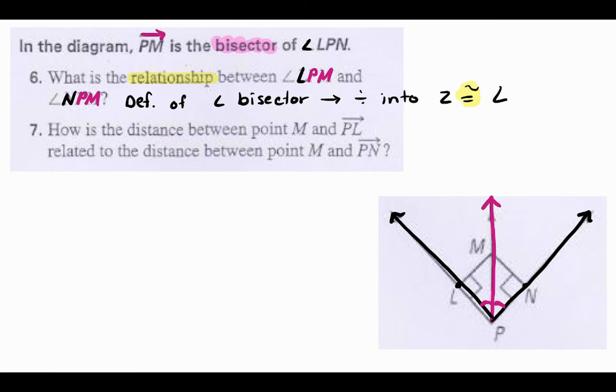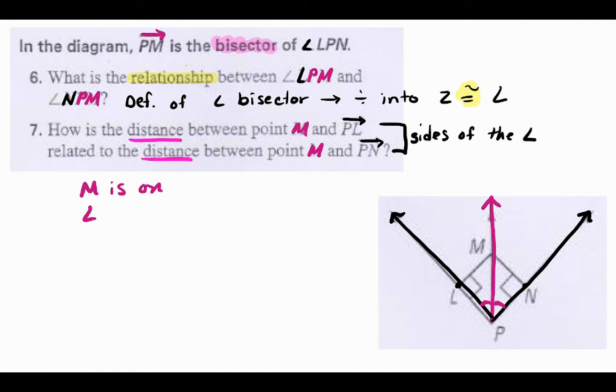In problem 7, we're looking for the relationship with the distance between a point and some rays. So it turns out that these are the sides of the angle. And we have this point M. So it turns out that M is on the angle bisector.